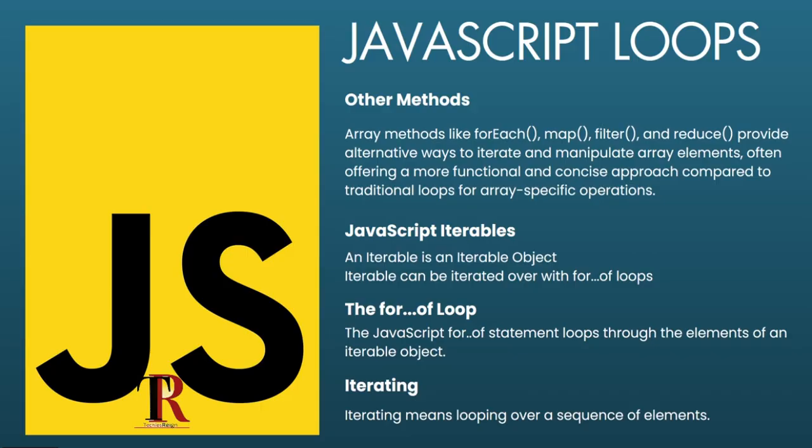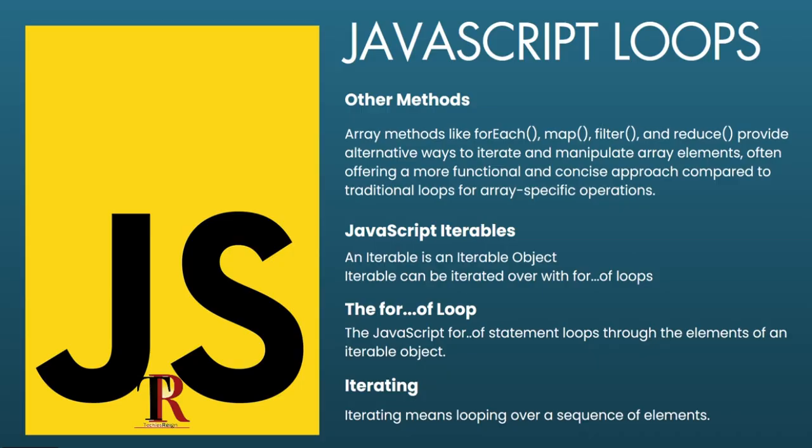So, for example, when you are working with an array, aside from the loop types that we discussed, there are other methods like forEach, the map method, the filter method, and the reduce method. These also provide alternative ways to iterate and manipulate array elements, often offering a more functional and concise approach compared to traditional loops for array-specific operations.